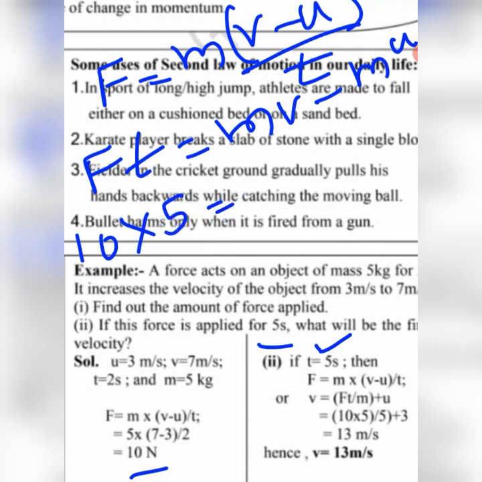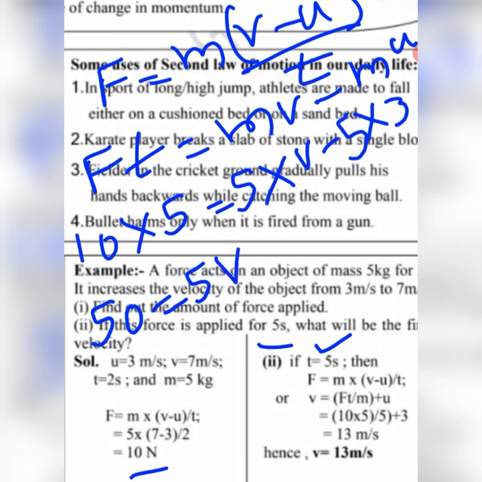This will be equal to mass is 5 into this velocity we have to calculate, and minus mass is again 5 into initial velocity is 3 meter per second. So 50 will be equal to 5v minus 15. So when we carry this minus 15 to the left hand side, it will become plus.